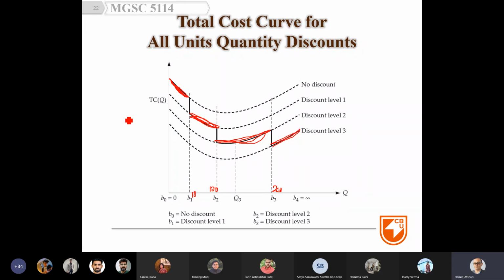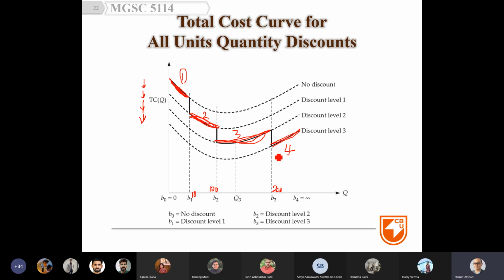So as you can see, in each bracket or each range, we will have more discounts and the unit price is reducing. But there is a basic question: which of these ranges, number 1 or number 2 or number 3 or number 4, is more attractive for me, is more reasonable for me, okay?